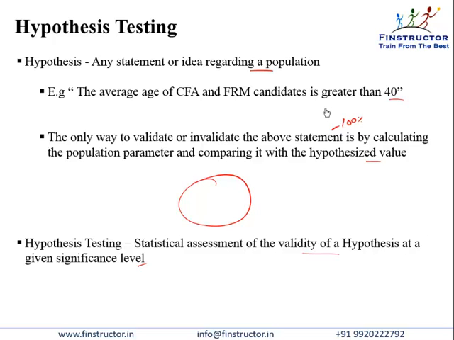We cannot say with 100% certainty because we only have a sample. But with a sample, we will try to make some inference or some validation of this hypothesis with a given level of significance or a given confidence level.